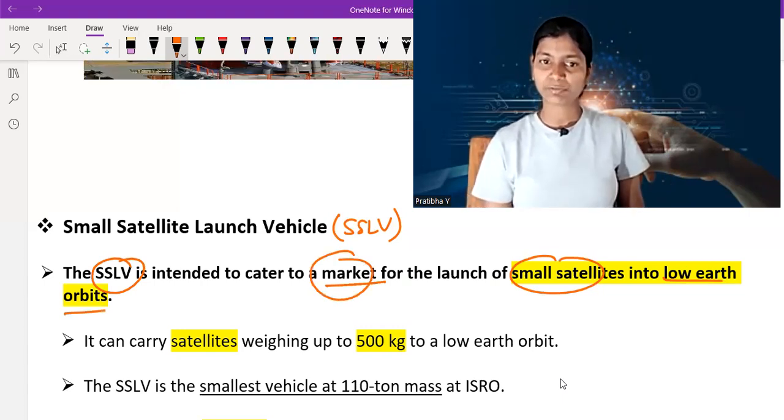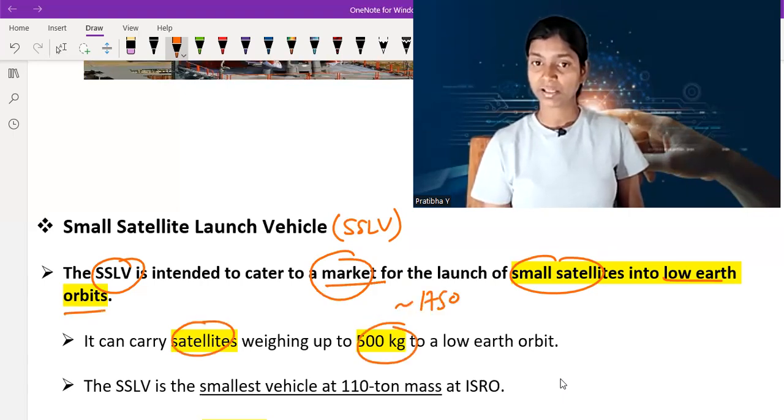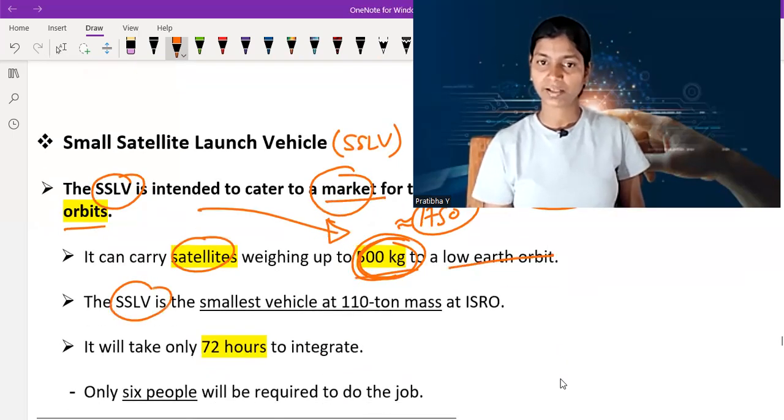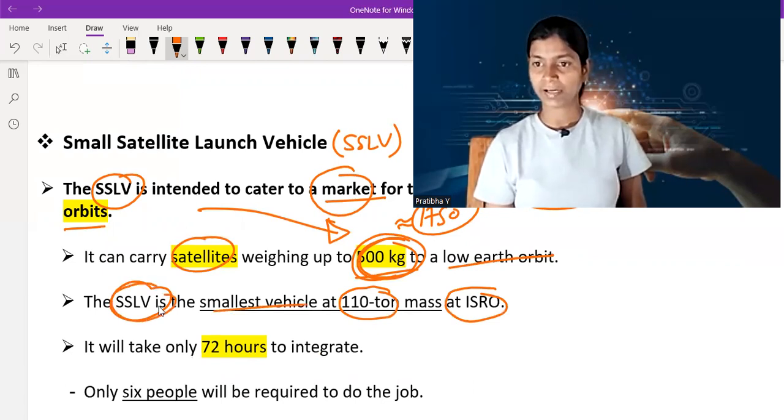It carries satellites weighing up to 500 kg. In PSLV we launch satellites of about 750 kg, but with the help of SSLV we can launch satellites weighing up to 500 kg to LEO. The SSLV is the smallest vehicle at ISRO, with a mass of 110 tons.